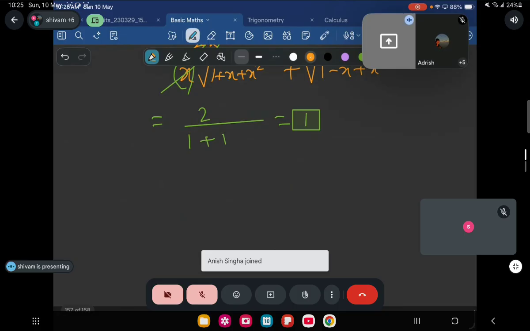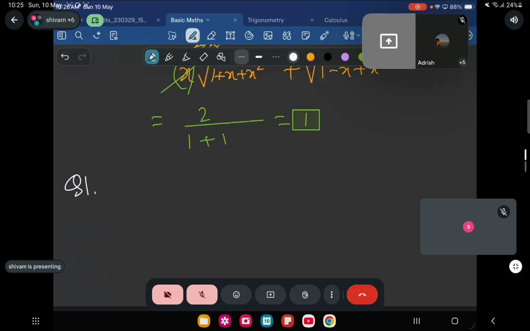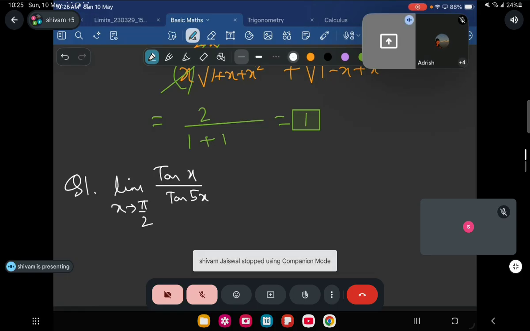Okay, question number 1. Did we do this problem or not? Limit x tends to pi by 2, tan x upon tan 5x.